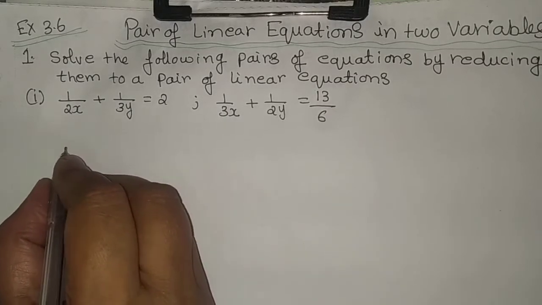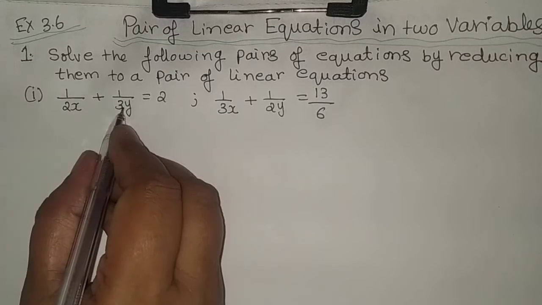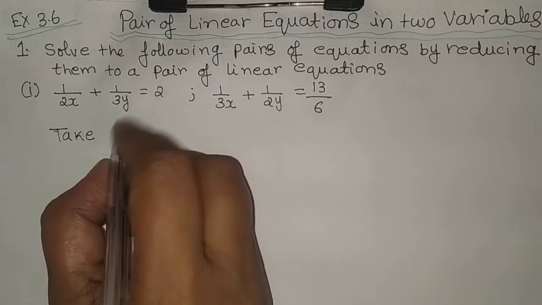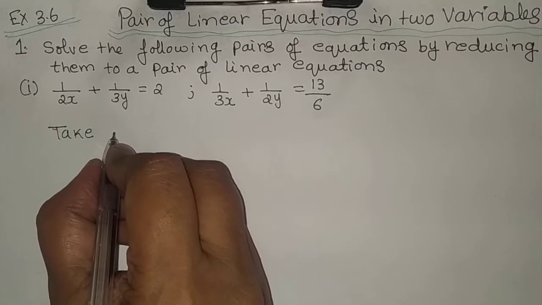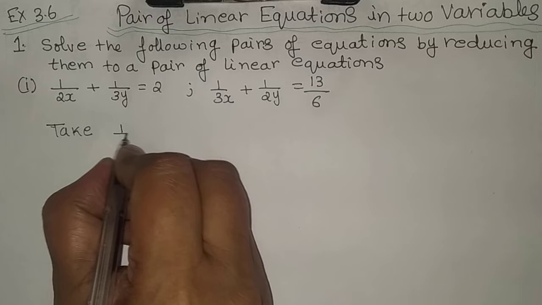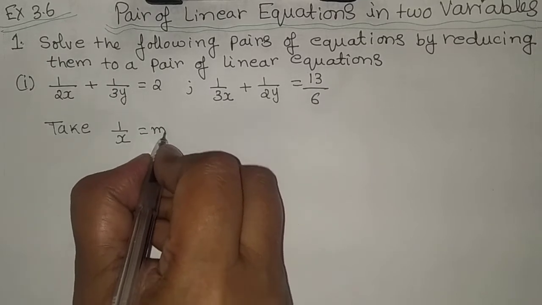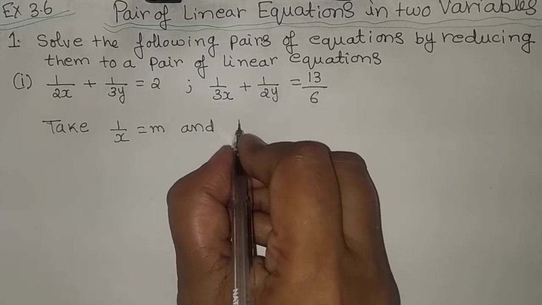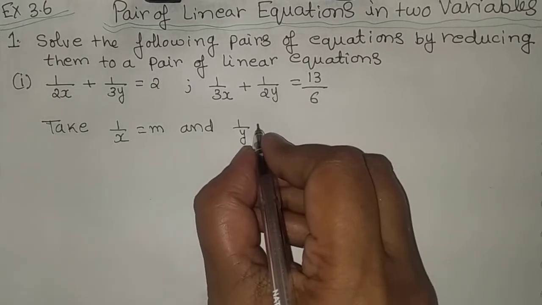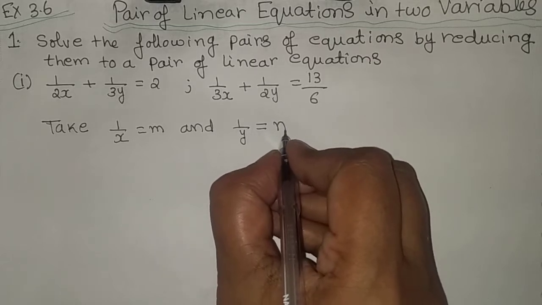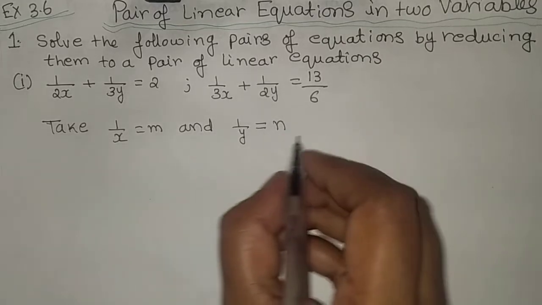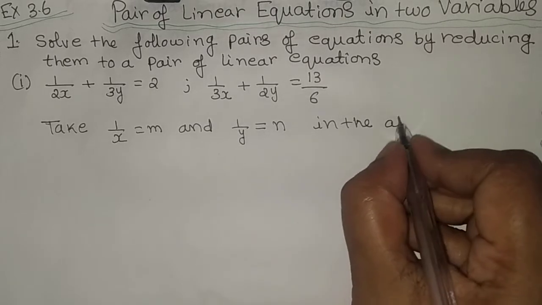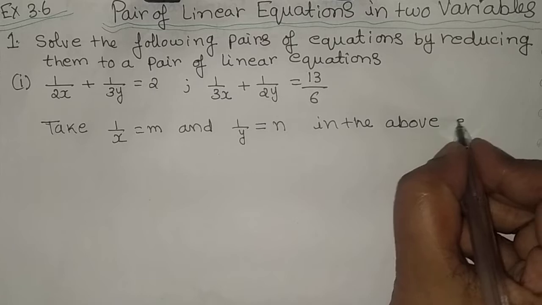So we take 1 by x and 1 by y as two variables: 1 by x is equal to m, and 1 by y is equal to n, in the above equations.